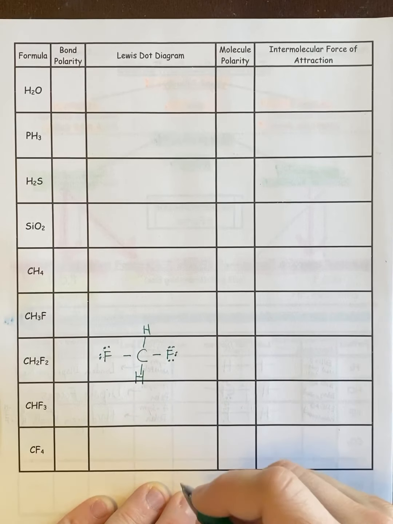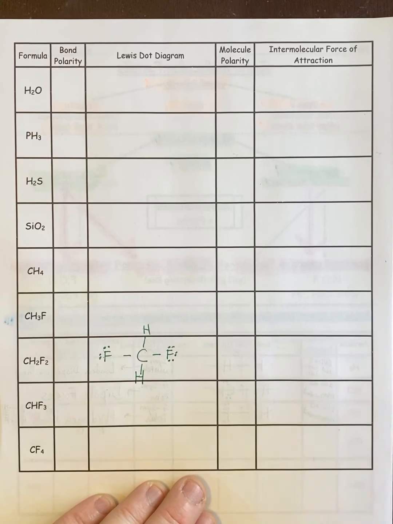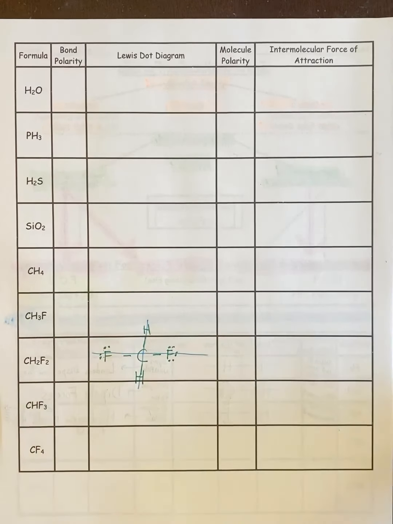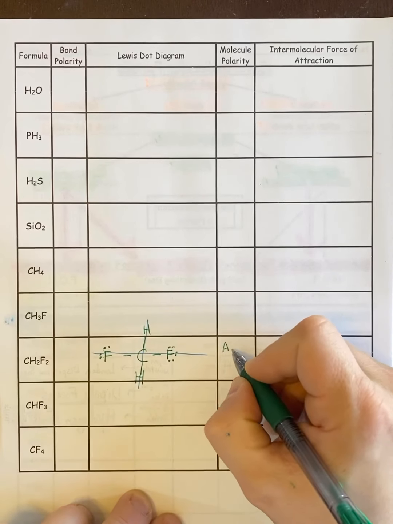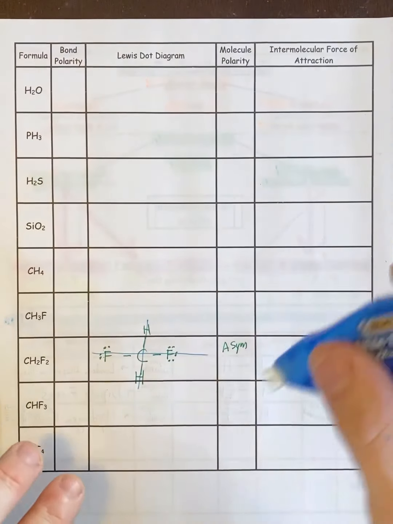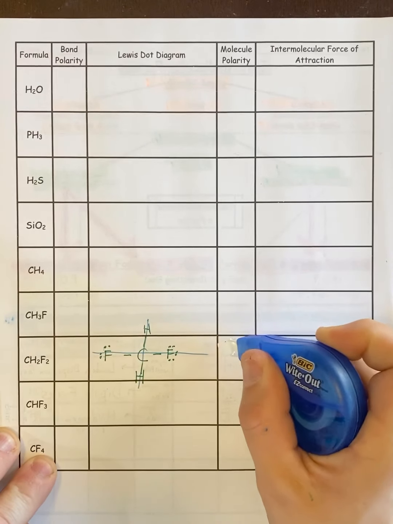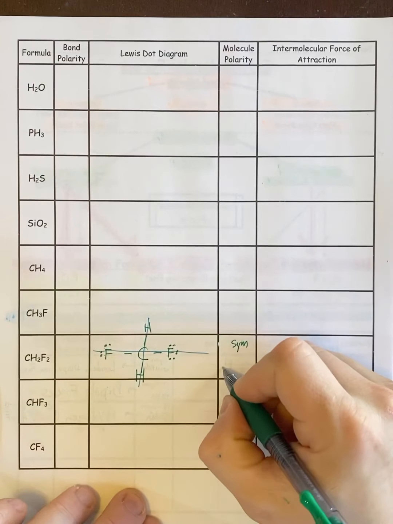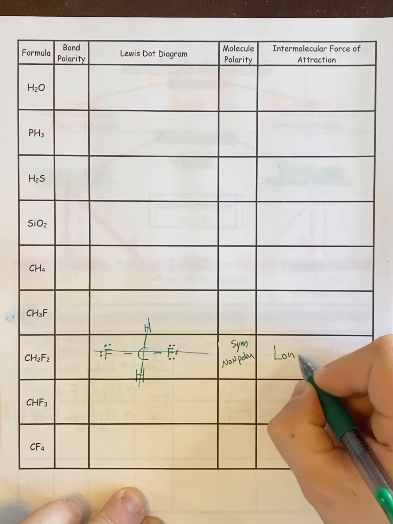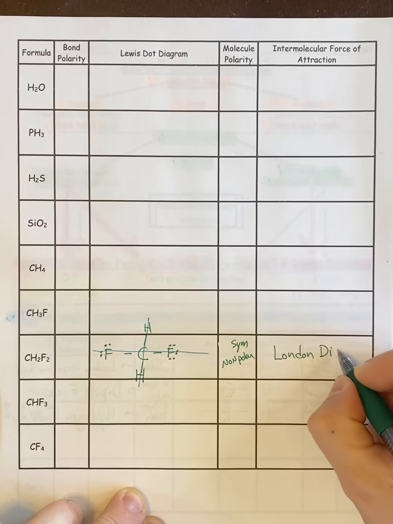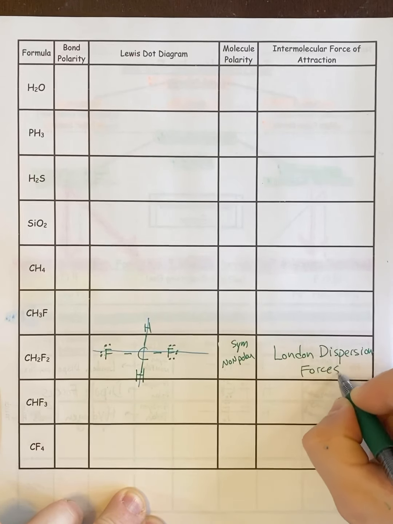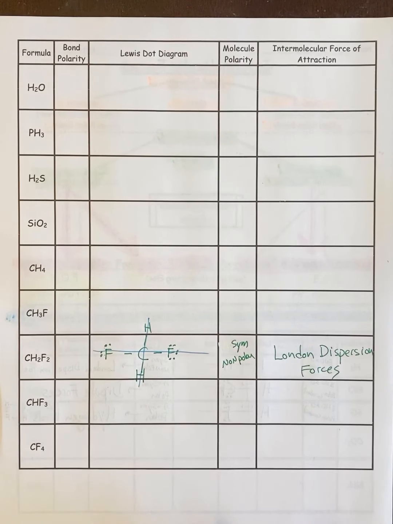I'm not even going to include the polarities or any of that. First thing is, if you do the symmetry for this molecule, it's actually symmetrical, and therefore nonpolar and has London dispersion forces.